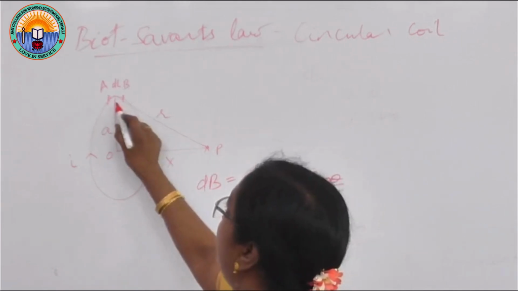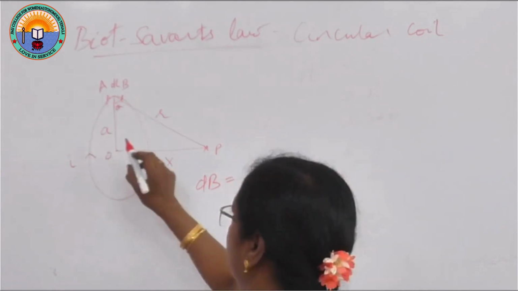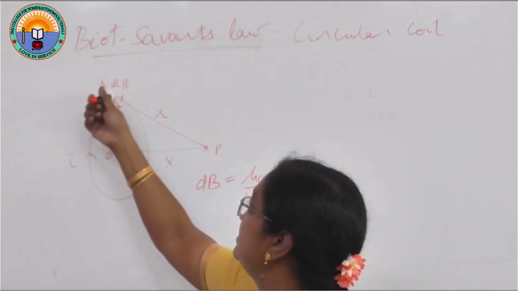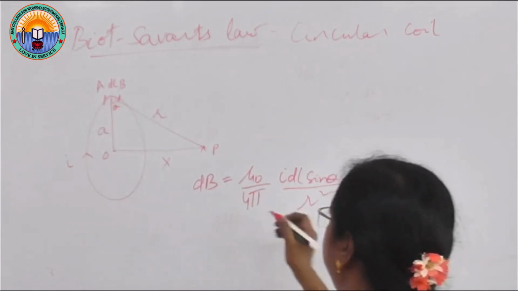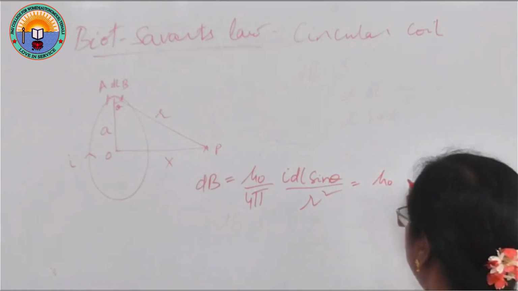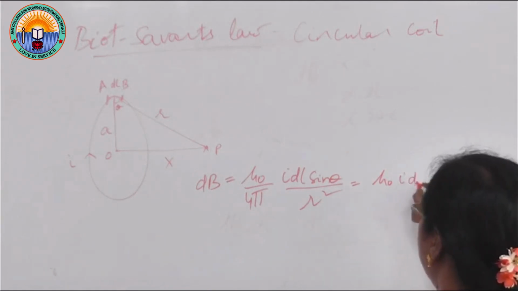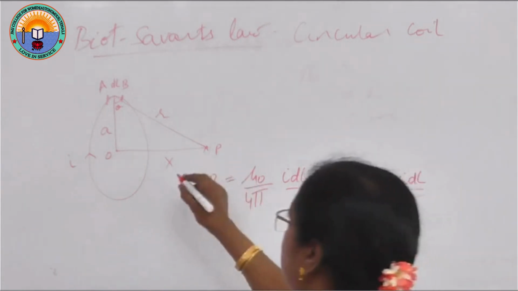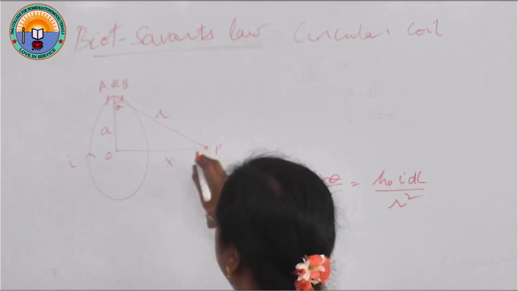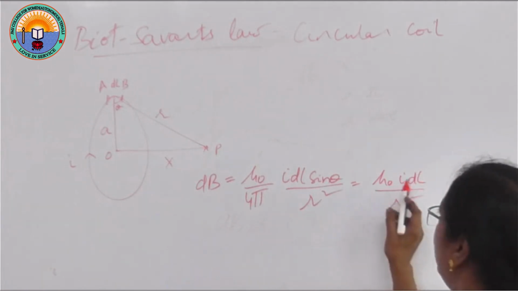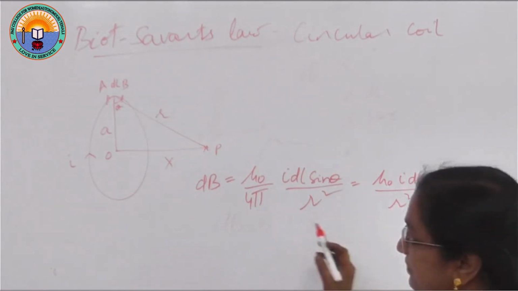This is the angle theta. So this line r will be like this, and the angle between them is 90 degrees. So sine 90 is equal to 1. So dB is equal to mu naught I dl by 4 pi r square. So this magnetic induction due to the single element is given by dB is equal to mu naught I dl by 4 pi r square.